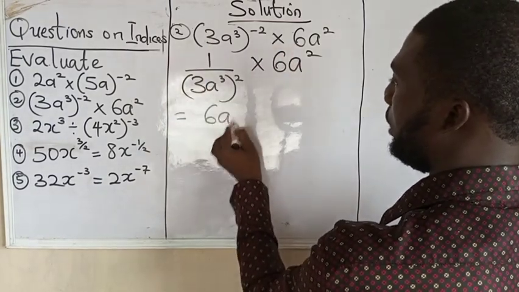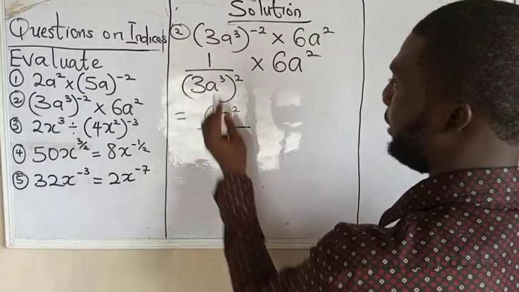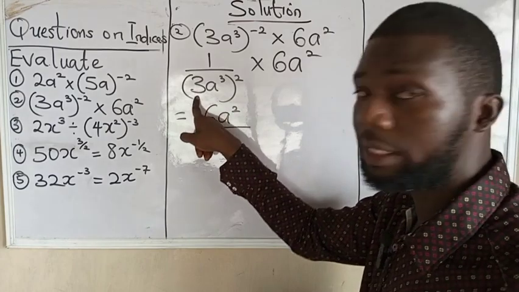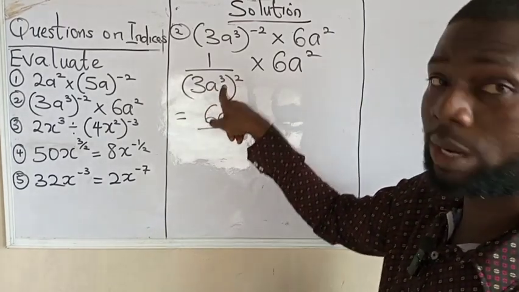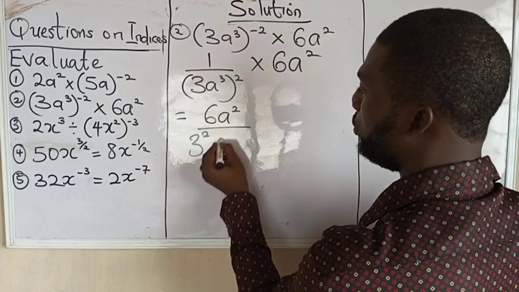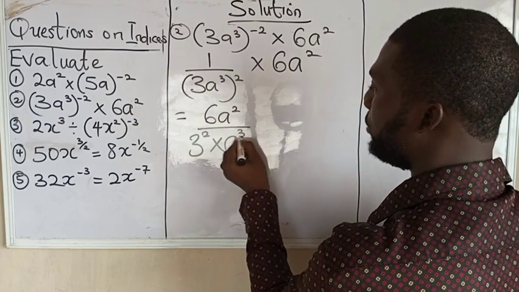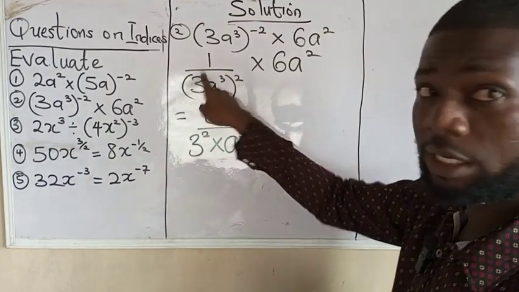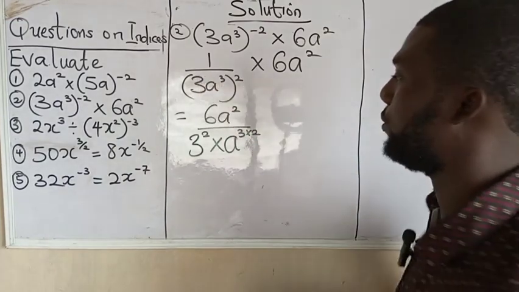I'll say this is 6a^2 divided by, now these two will affect 3 and it will also affect a^3. So let's watch out. It's going to be 3^2 times a^(3 times 2). Can you see? These two will affect 3 and these two will also affect a^3.